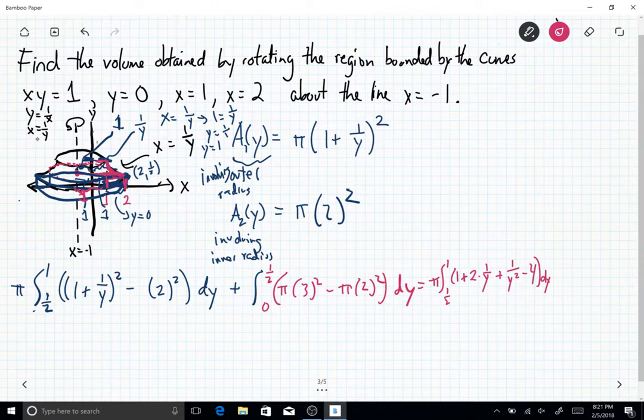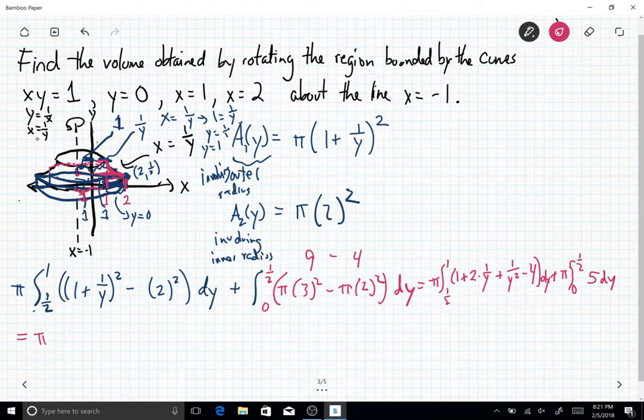But then the second part that we're going to be adding in is from 0 to 1/2. We can still pull out a pi in this case. And what are we left with? When we pull out that pi, we have 9 minus 4, and so that makes 5 dy. And so this will be a little bit nicer in terms of getting us towards our answer too.